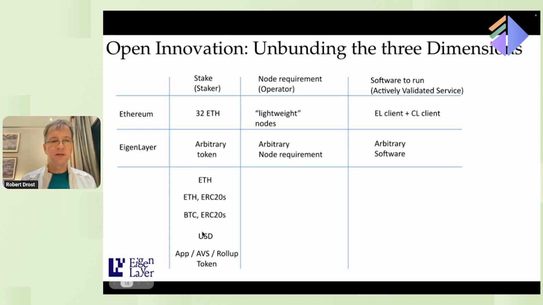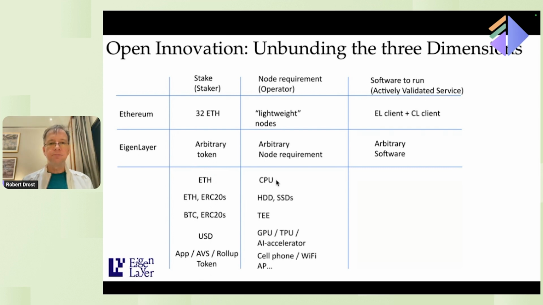This is the big open unlock now for tokens matching to where people would like to use them. Arbitrary nodes. So for a simple thing like Ethereum, you had light CPU, you had light SSDs, and you're kind of done at that point, some bandwidth. But with EigenLayer, you might be bringing a huge amount.